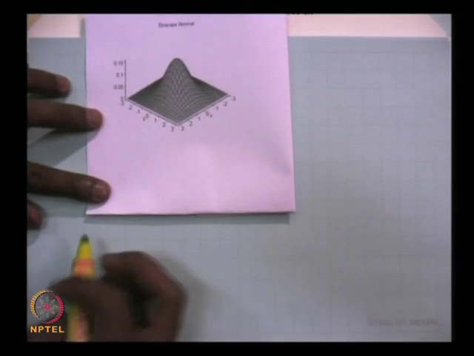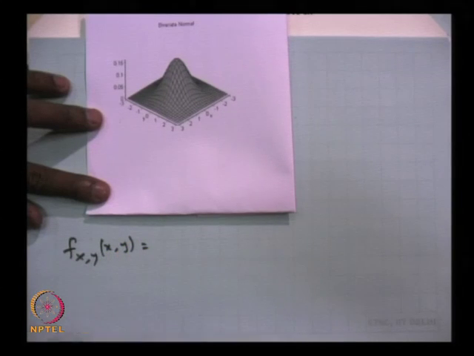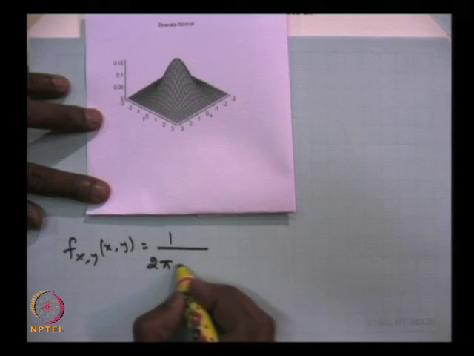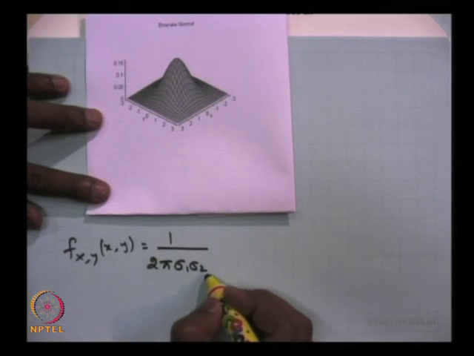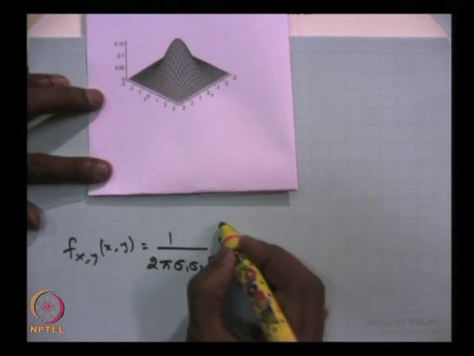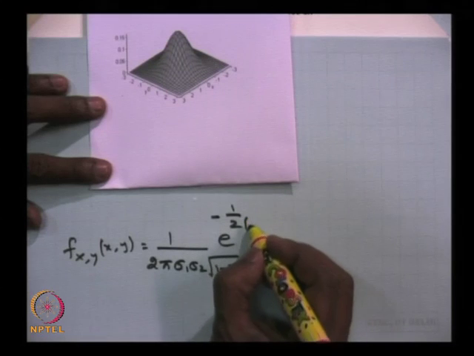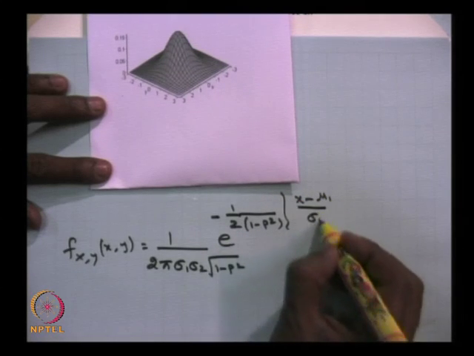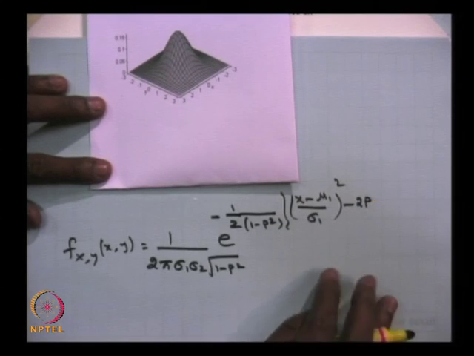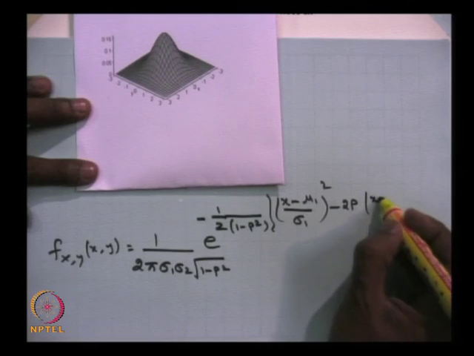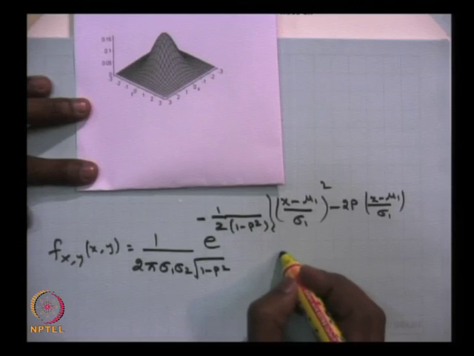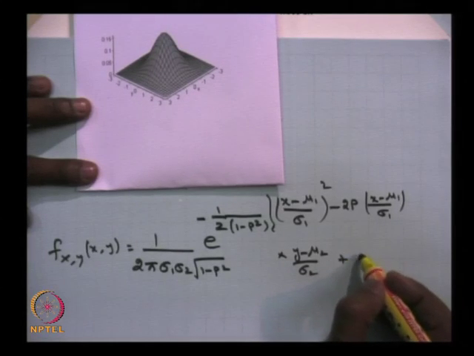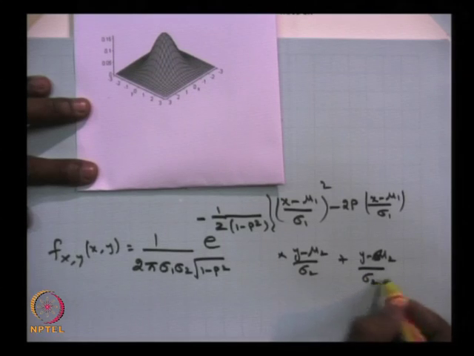Let me write the joint probability density function of the two-dimensional normal random variable as 1 divided by 2 pi sigma 1 sigma 2 multiplied by square root of 1 minus rho square, into e power minus 1 over 2 times 1 minus rho square, multiplied by x minus mu 1 by sigma 1 whole square, minus 2 times rho into x minus mu 1 by sigma 1 multiplied by y minus mu 2 by sigma 2, plus y minus mu 2 by sigma 2 whole square.